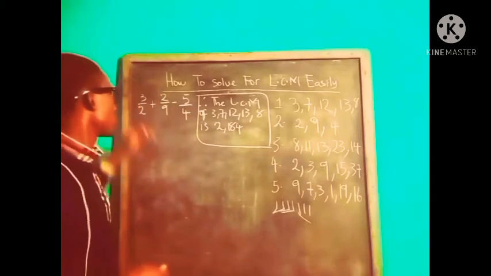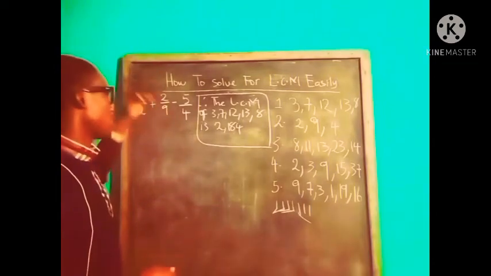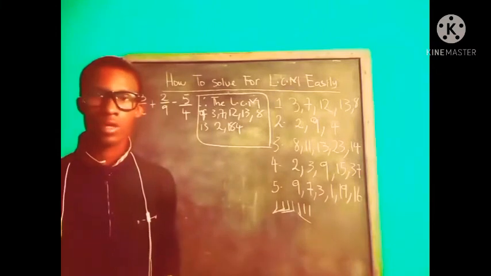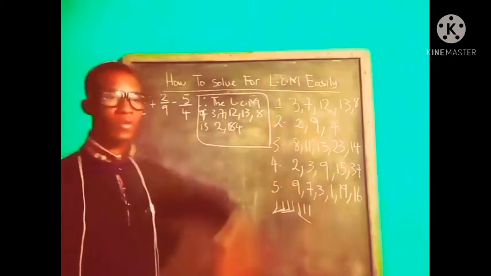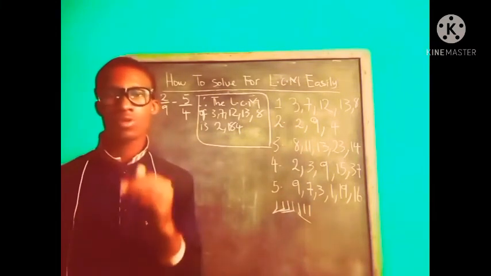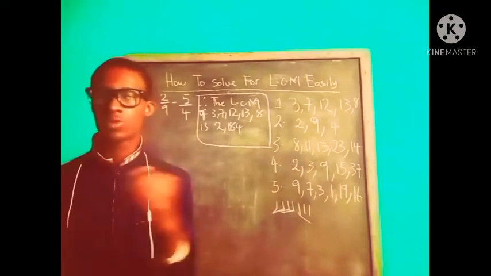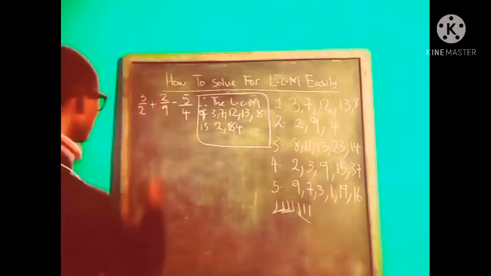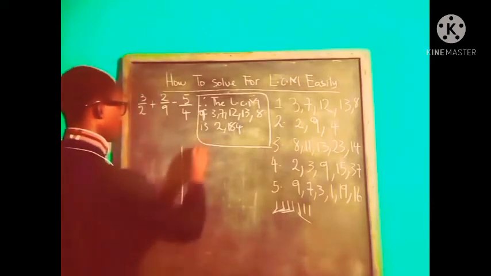We can see 3 over 2 plus 2 over 9 minus 5 over 4, and so the first thing that we are thinking about right now is our LCM, just like it is written over here, 294. So we are going to solve for the LCM of 294 to know what our LCM is, and then we'll solve the fraction. Now, we'll still repeat the same thing.